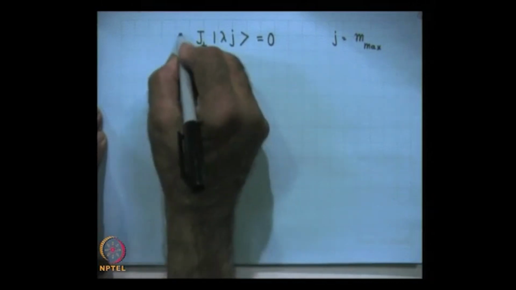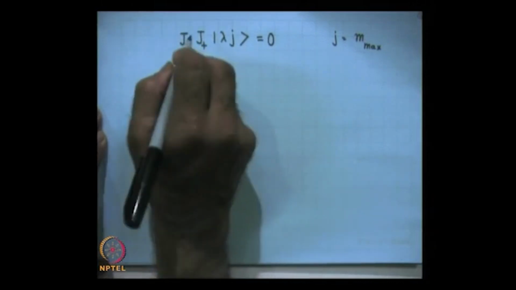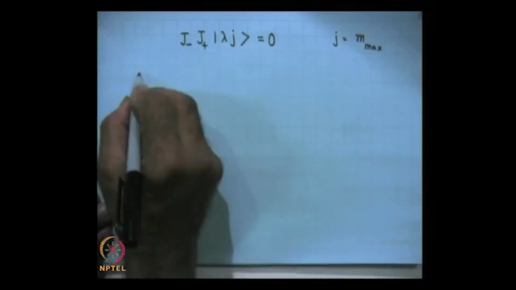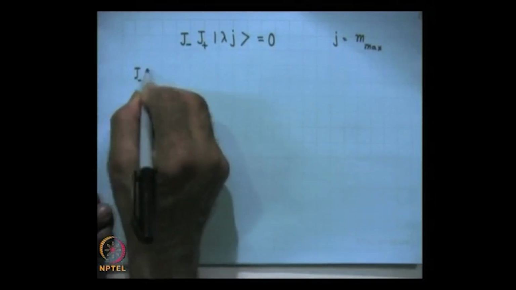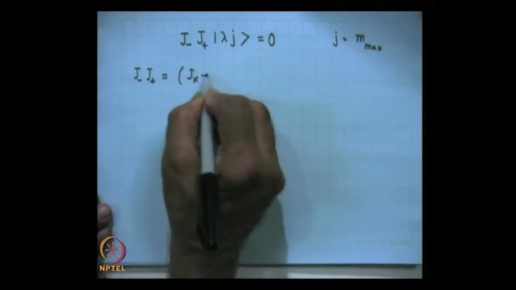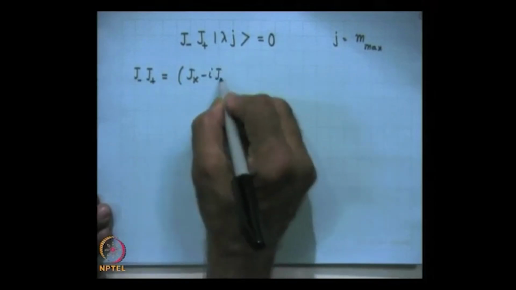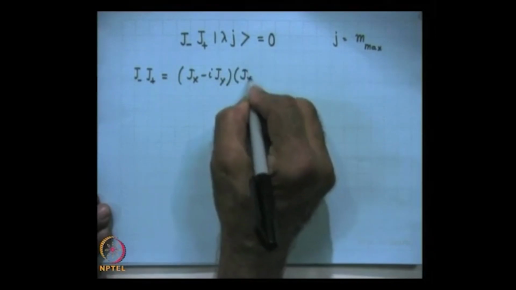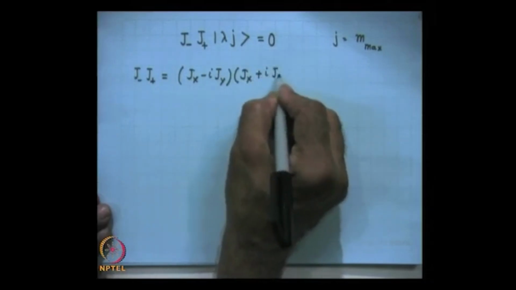I operate this by J minus, and I had shown, you remember, that J minus J plus we had evaluated: this is Jx minus i Jy multiplied by Jx plus i Jy.